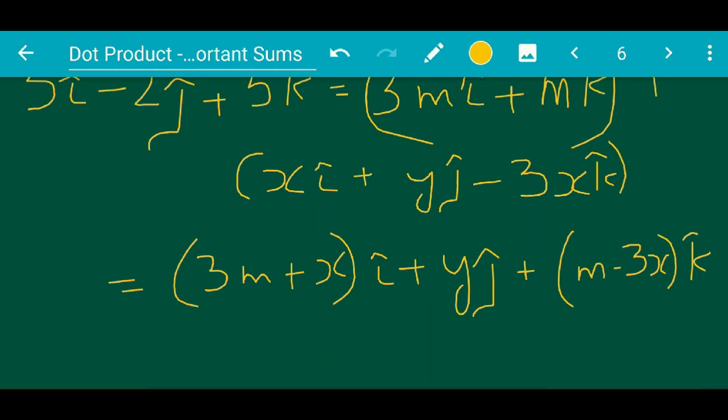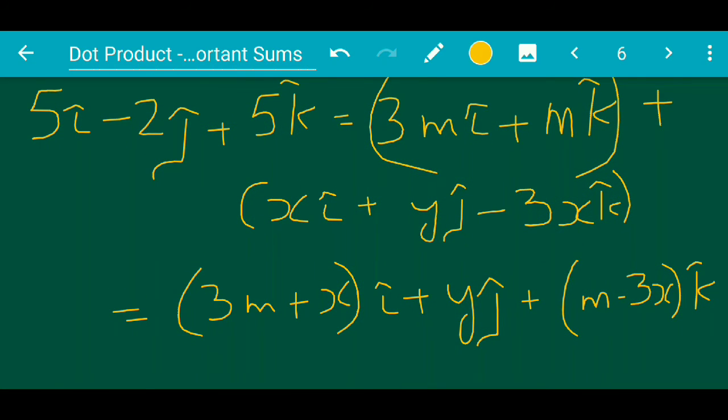Now compare the LHS and the RHS. So 3m plus x can be written as 5. Similarly, y can be written as minus 2, and similarly the last term, the k term, we can also compare and write down.